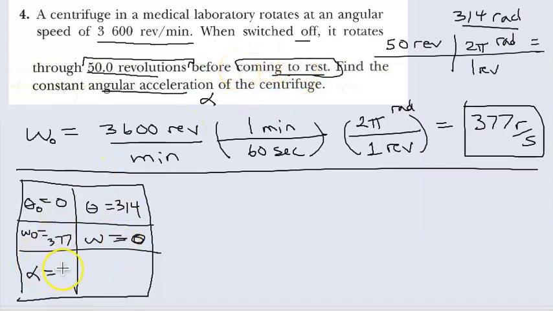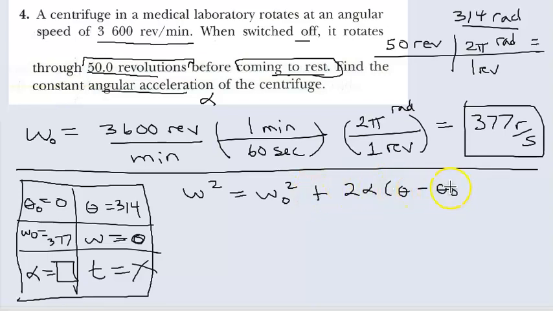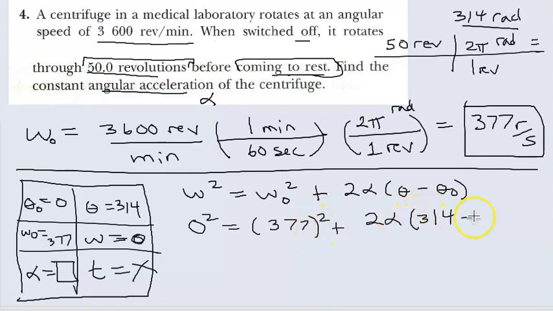We care about alpha. We don't know or don't care about time. All right, so we're going to use the equation that doesn't include time, but we're going to use all the new variables. Okay, it came to rest, so that is 0. This is 377. We're looking for alpha, and it went through 314. Now notice it didn't say clockwise or counterclockwise.